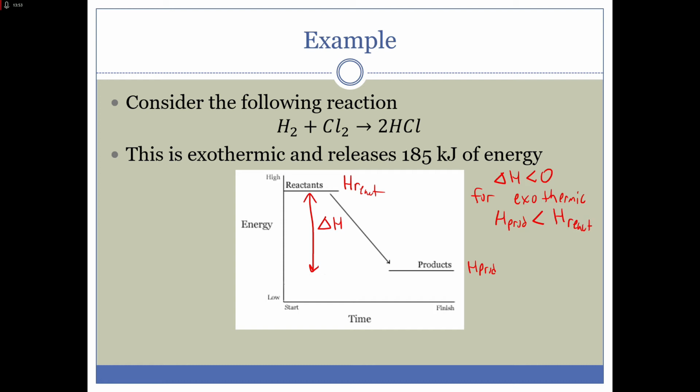If you think of it this way, in an exothermic reaction, the reaction releases energy to the environment, so the end result is that the products have less energy than the reactants that created them in the first place. Okay. So that's what this diagram is. These are, again, just energy diagrams to show how the energy between the reactants and the products changes for both an exothermic reaction in this case and the endothermic reaction in the previous case.